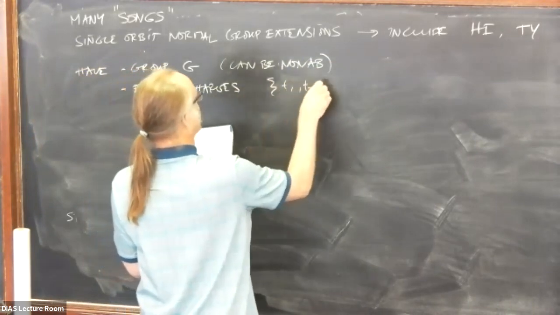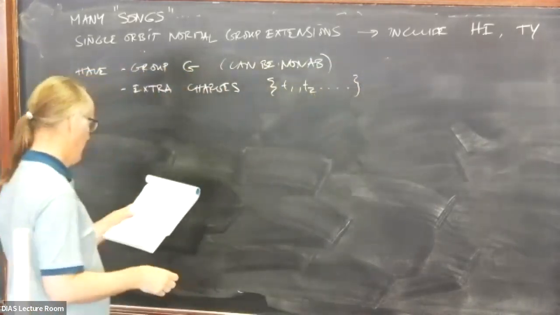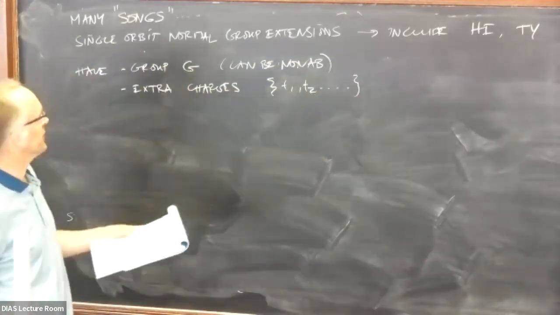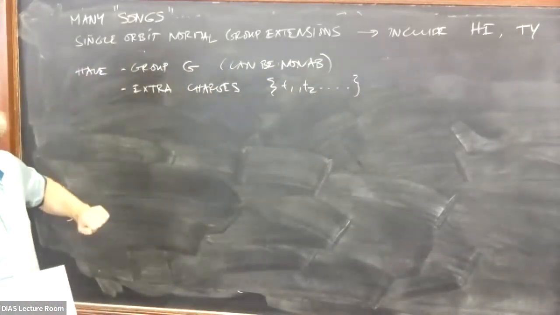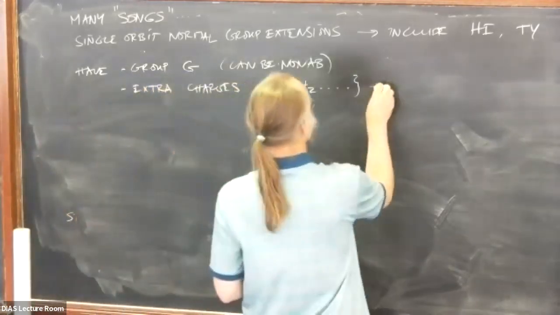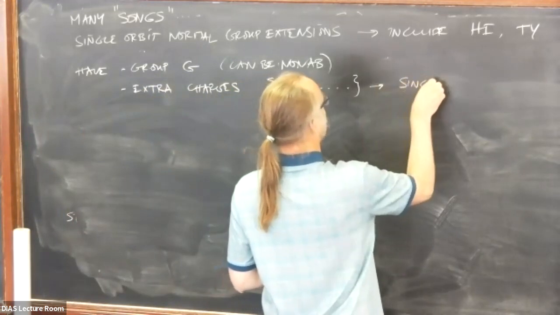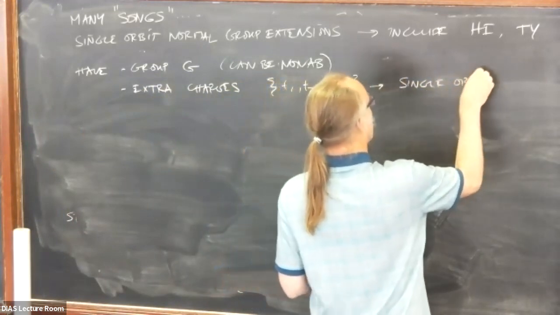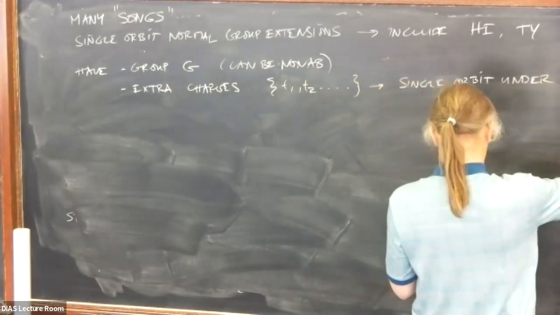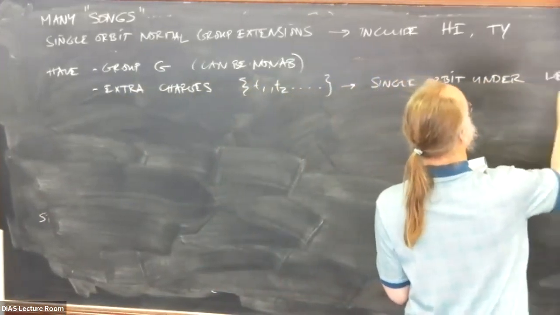T1, T2, etc. And these charges form a single orbit under the action of the group elements fusing onto them. Single orbits under fusion.